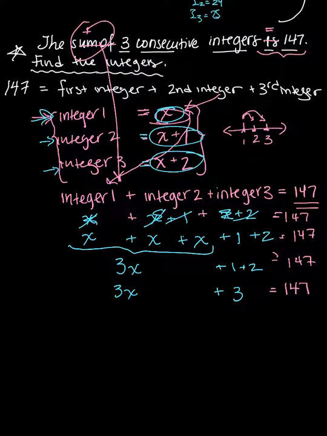Back to basic algebra. I've got multiplication going on here, and I've got addition going on here. Which one do I deal with first? Hopefully you said the addition. I can't divide both sides by 3 yet, so I've got to get rid of this 3.